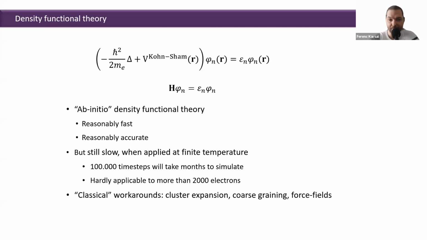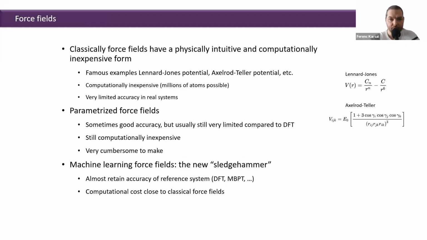So for that, there have been many classical workarounds, like cluster expansion, coarse graining, and probably the most famous is force fields, to which we come here. Classically, force fields have a physically intuitive and at the same time computationally inexpensive form. Famous examples are, for example, the Lennard-Jones potential and the Axilrod-Teller potential.